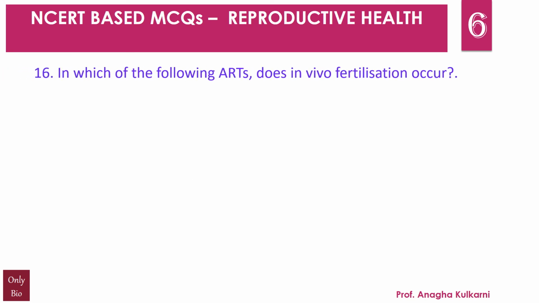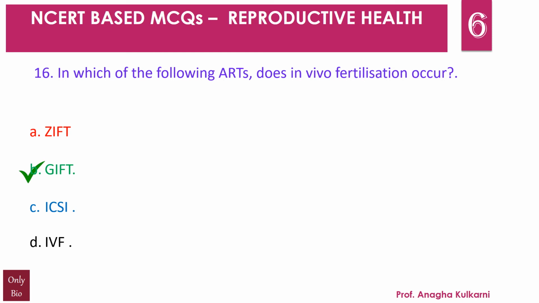Question number 16. In which of the following ARTs, that is assisted reproductive technologies, does in vivo fertilization occur? A. ZIFT. B. GIFT. C. ICSI. D. IVF. And the correct answer for this question is B. GIFT, that is gamete intrafallopian transfer.